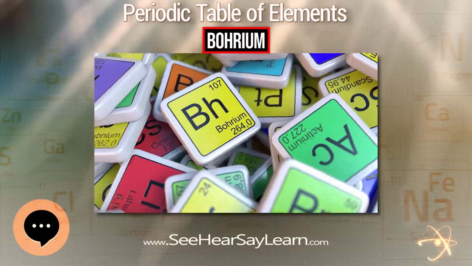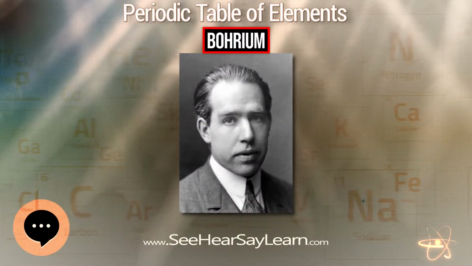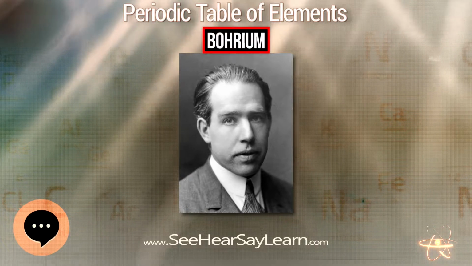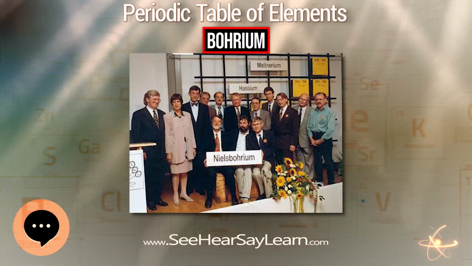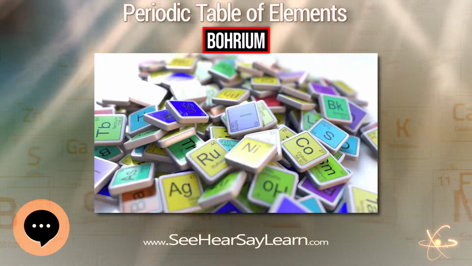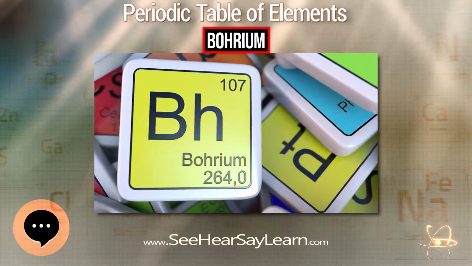The IUPAC adopted unnilseptium as a temporary, systematic element name for this element. In 1994, a committee of IUPAC recommended that element 107 be named bohrium, not nielsbohrium, since there was no precedent for using a scientist's complete name in the naming of an element.